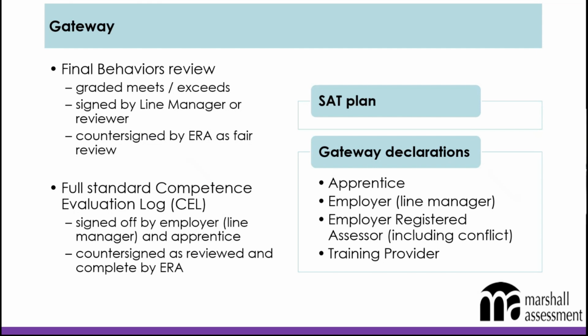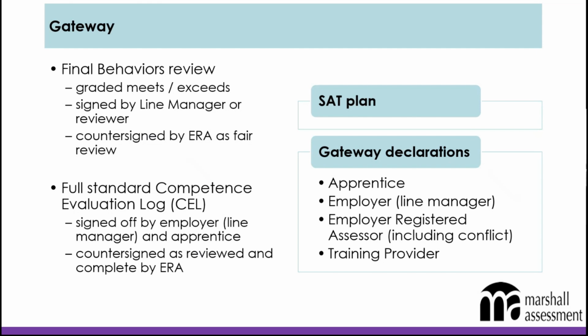Whilst that might be quite good in a small kind of short burst, during a much larger observation, if that's all we're seeing, then it won't give you everything you need to enable you to pass. So we like a plan. It's always good to see what somebody's going to be doing, and that also helps the independent assessor to prepare as well. Okay, finally, there's a bit of paperwork here.